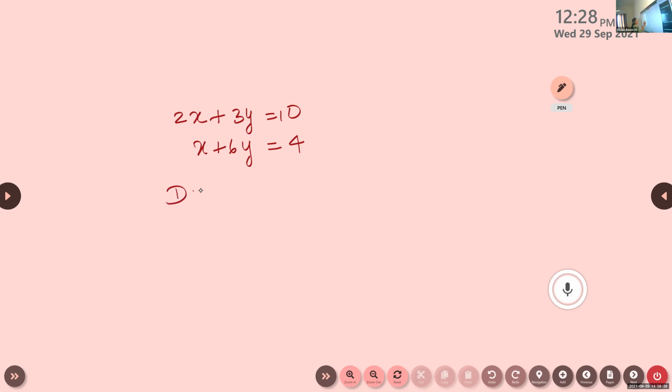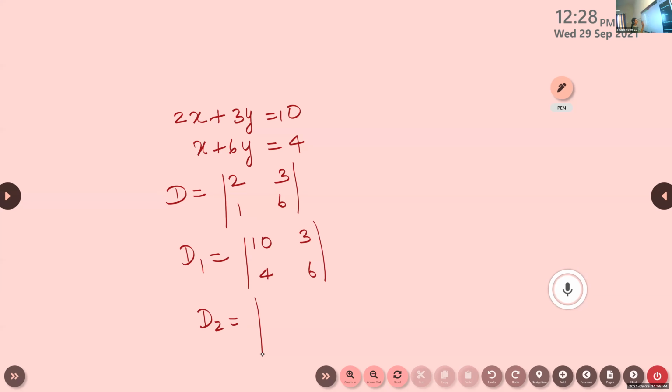So first write down what is D. D is the determinant 2, 3, 1, 6. Find out what is D1: 10, 4. Instead of the coefficient of x, we write the constants, 3, 6. Then D2 is the determinant where, instead of the second column, that is y, we write the constants: 2, 1, 10, 4.